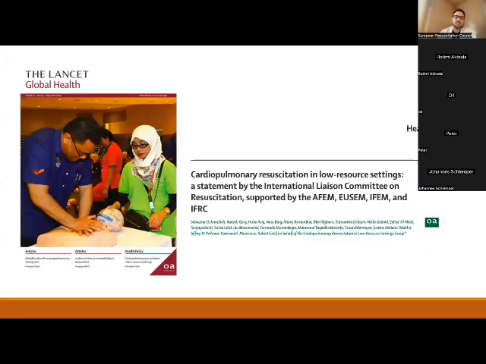And as a kind of reaction to that, we have formed a task force, a working group within the EIT task force of ILCOR. My colleague will talk about this in more detail in a moment. And then we put together this recent statement that has been published in the Lancet Global Health.